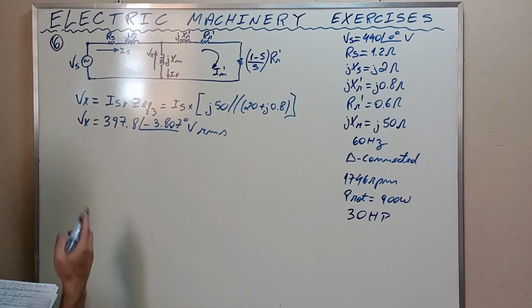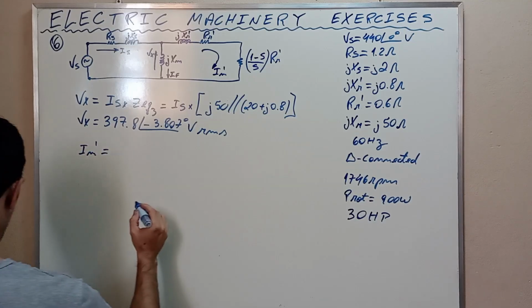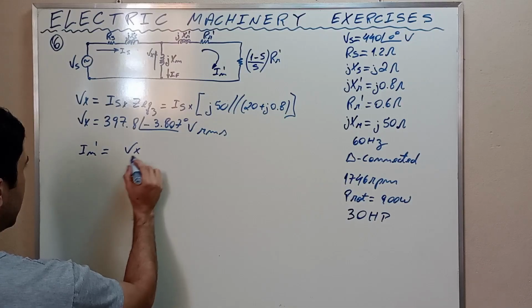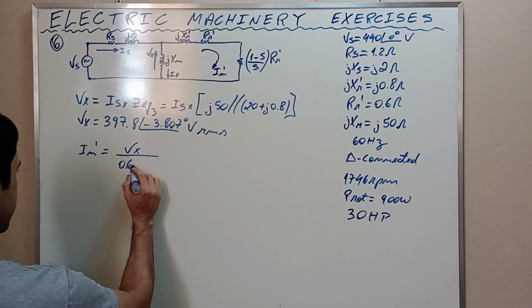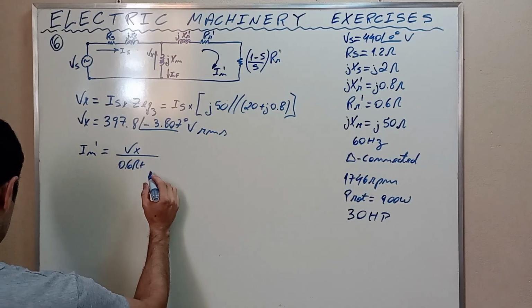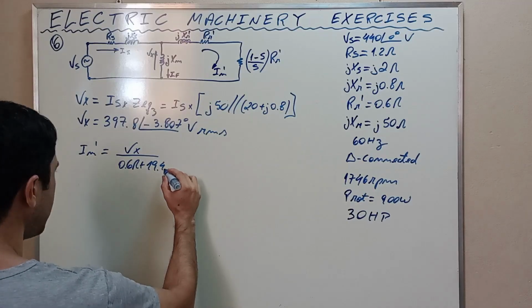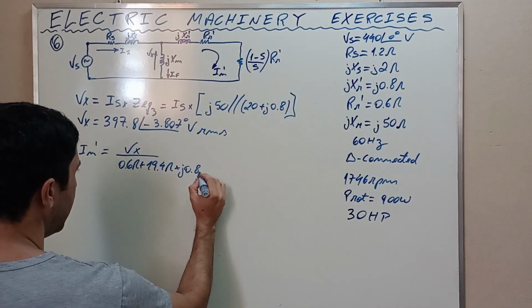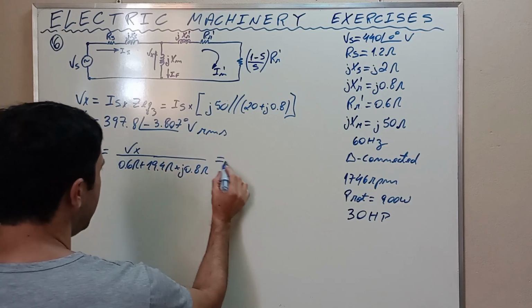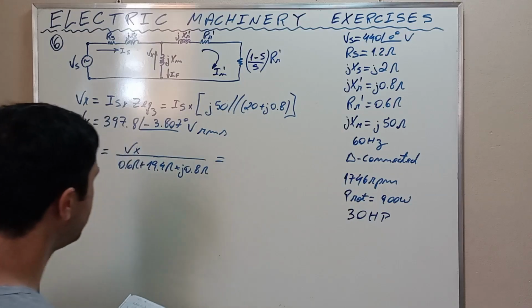This current IM prime is equal to Vx divided by 0.6 ohms plus 19.4 ohms plus J0.8 ohms.